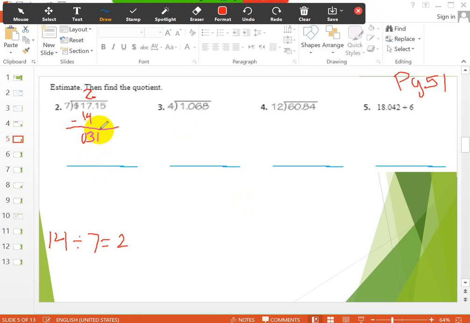Now, 31, I will continue the division. 31 divided 7. What is the number that I will multiply with 7 that will give me a closer number to 31?